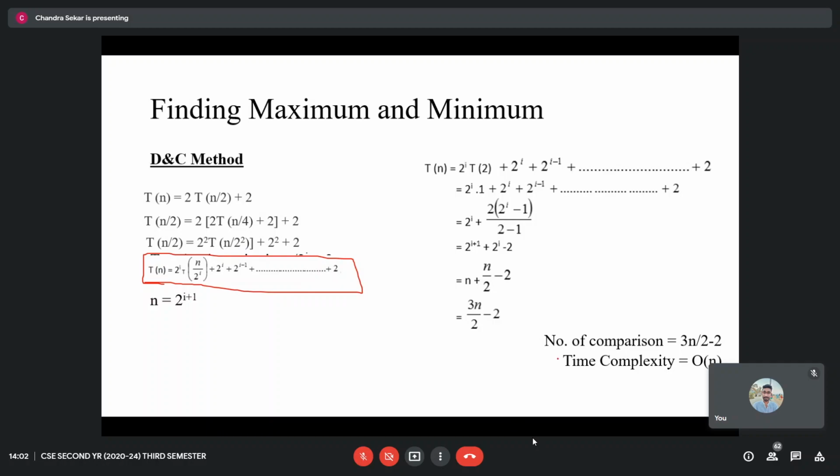In this equation, if you substitute i equal to 2, you will get 2 square into t of n by 2 square plus 2 power 2 plus 2 power 1. So this will be the general equation here.